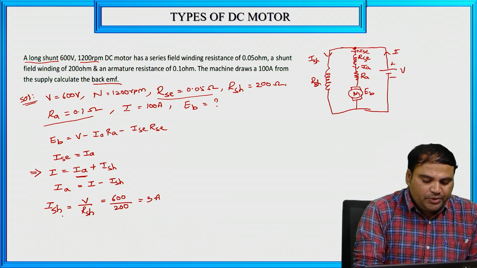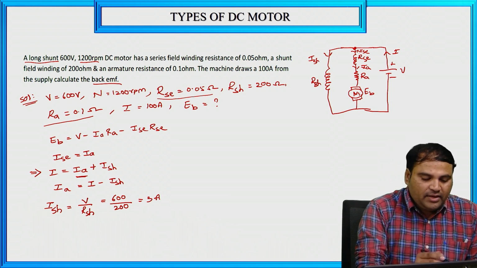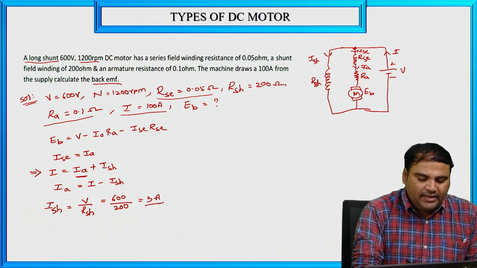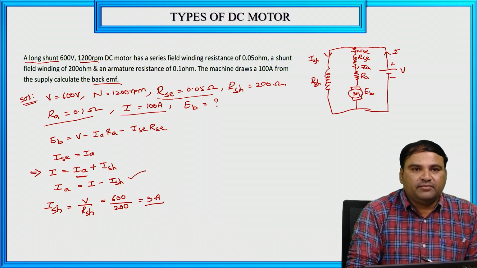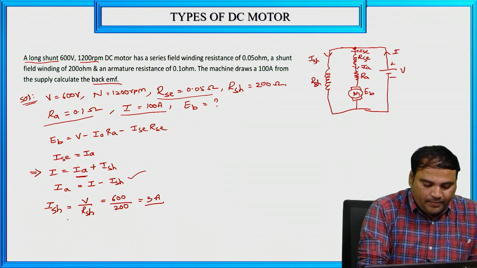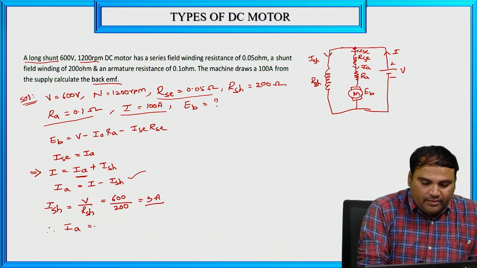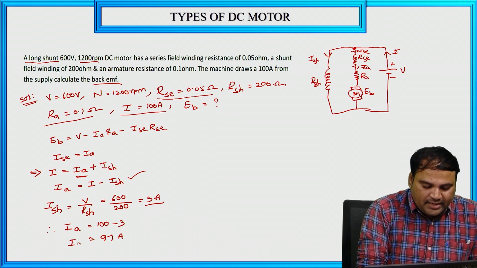Now substitute the I value and ISH value in this equation, and we'll get IA. Therefore IA equal to I, which is 100, minus ISH, which is 3. That is equal to 97 amperes, the armature current.